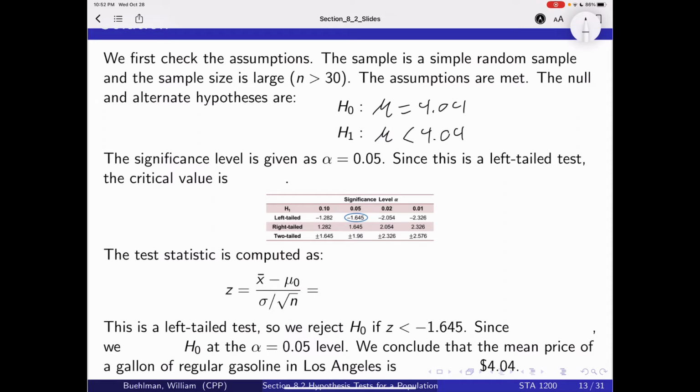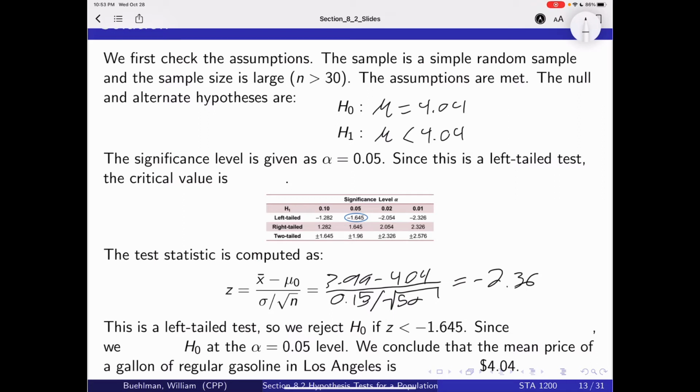So now we're going to compute the test statistic and compare it to the critical value. Here's the test statistic: 3.99 minus 4.04 over 0.15 divided by the square root of 50, which gives us negative 2.36. This is a left-tailed test, so we reject the null hypothesis if z is less than negative 1.645.